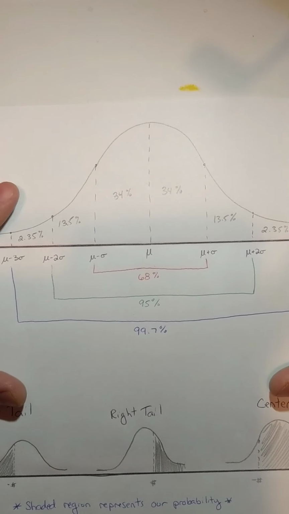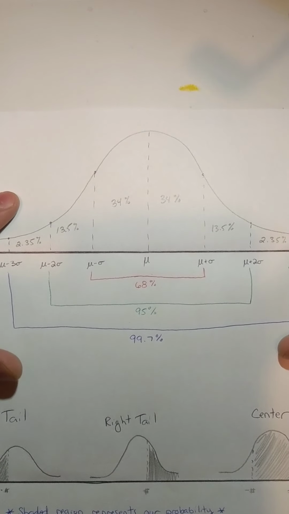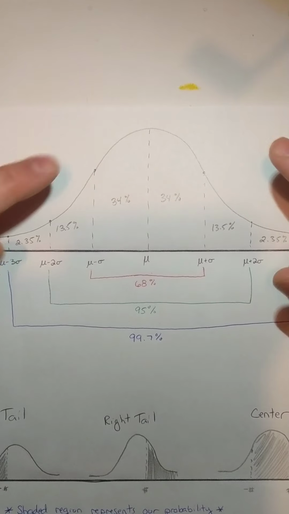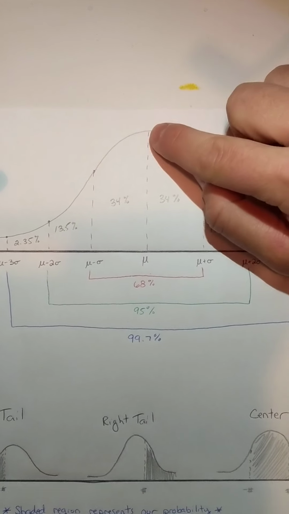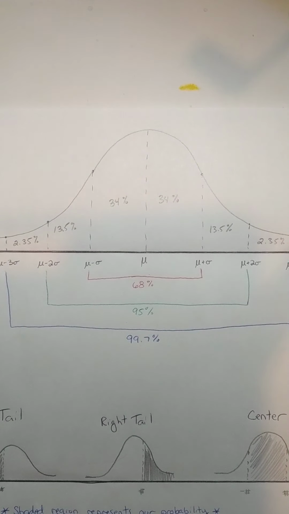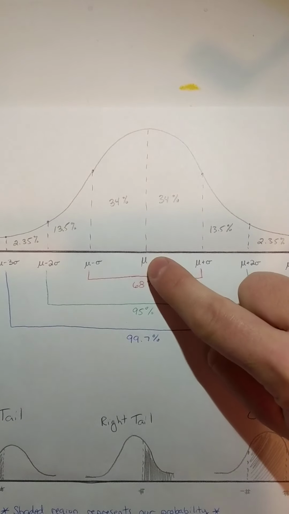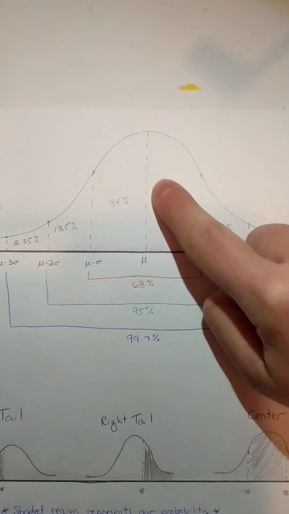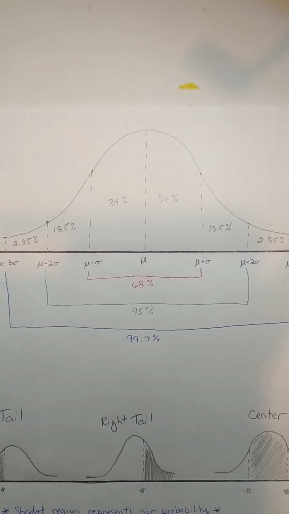That's this normal curve. So what they decided is that it is symmetrical and bell-shaped, and the mean is always at the top, because this bell curve represents the probabilities of certain things occurring. So it would make sense that our expected, our mean, should have the highest probability of occurring.